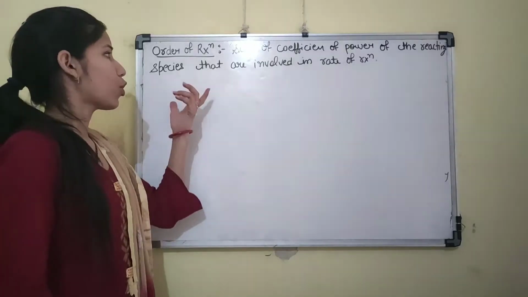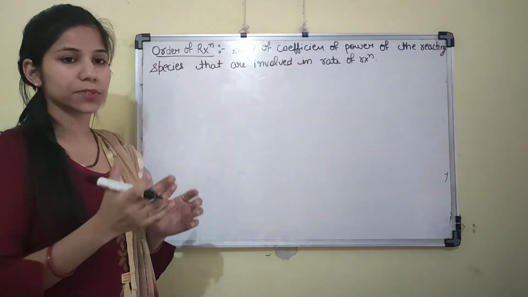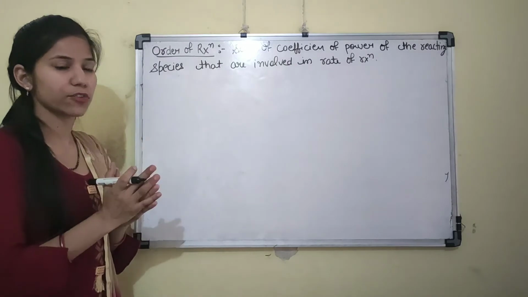Now we move on to order of reaction. The order of reaction is the sum of the powers of the concentration terms of the reacting species involved in the rate of reaction.